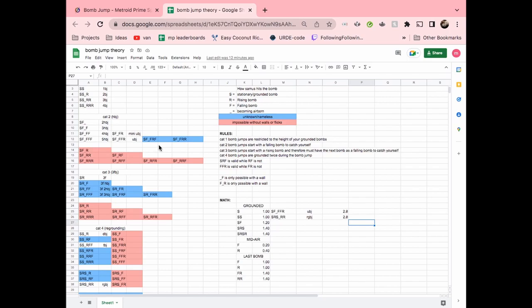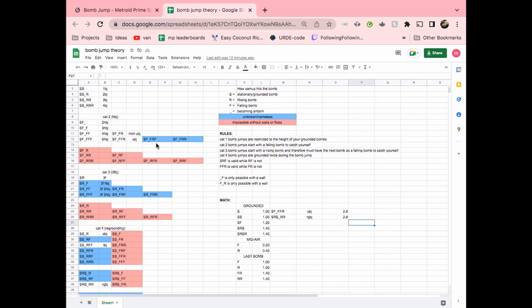SF_FRF. Okay. So what is FRF? What does that look like at all? So in SF, we know what that looks like. It's the first two bombs of an HBJ. Okay. When we become airborne, we lay another F, which is exactly the same as the first three bombs of a 3 HBJ.